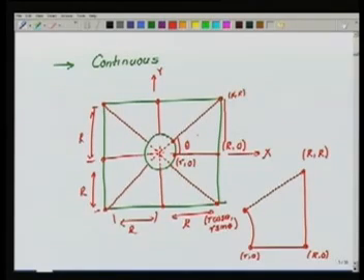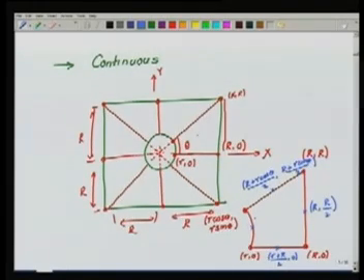Now we have to put in these middle points. The middle point here is nothing but (r plus big R)/2, 0. The middle point here is R and R/2. The middle point here is (R plus R cos theta)/2, (R plus R sin theta)/2. And what will the middle point here be?